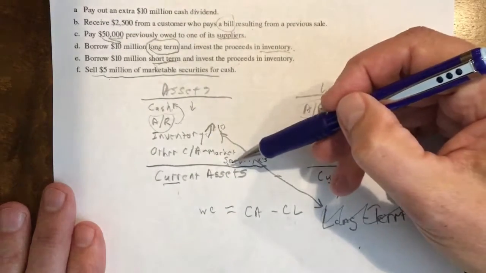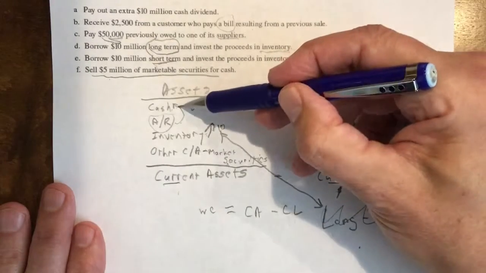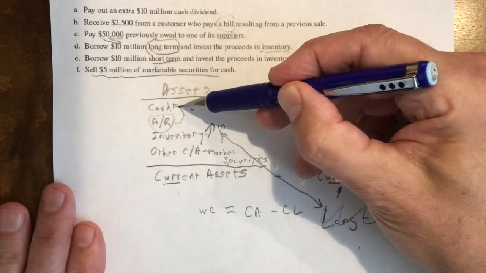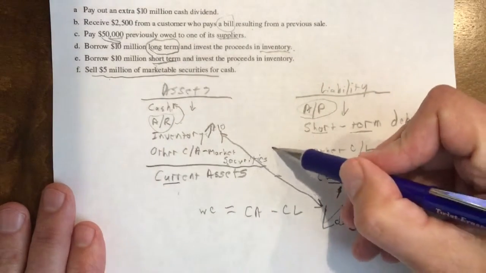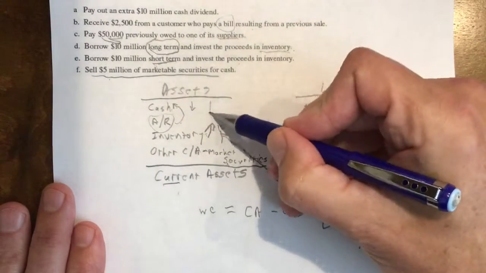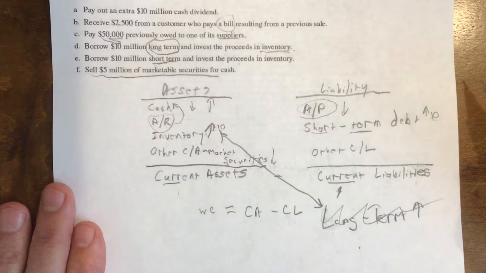And again, this would increase cash by 5 million, but have no impact on working capital, because this would go down by 5 million and this would go up by 5 million. So that's my thoughts on that.